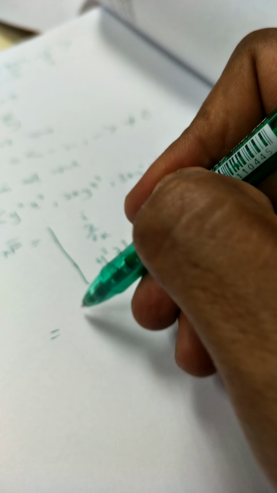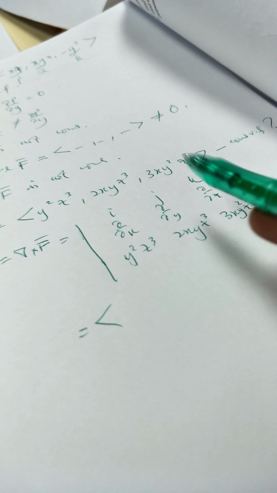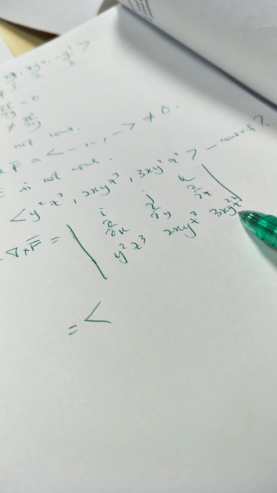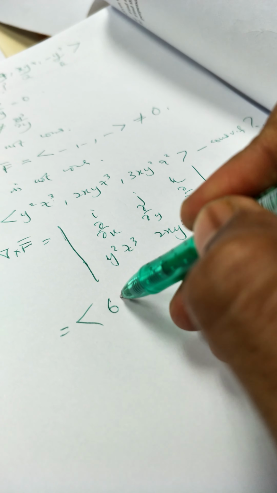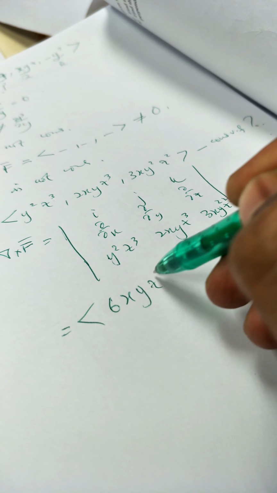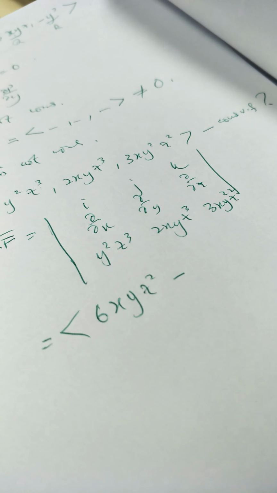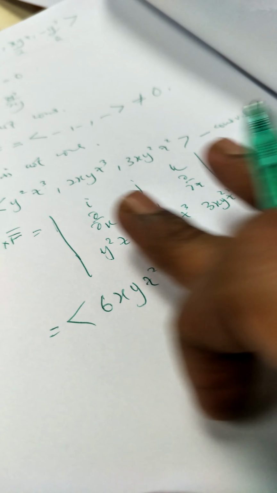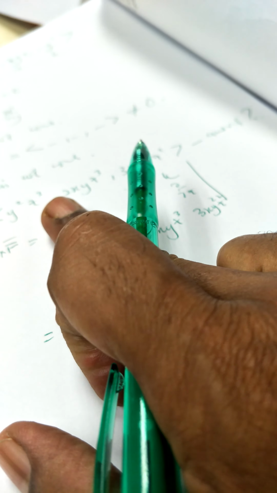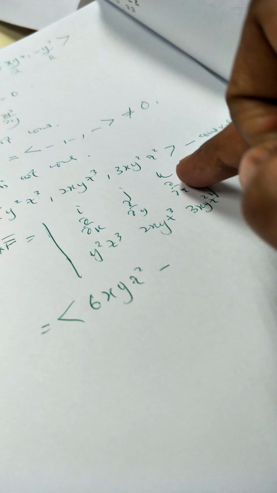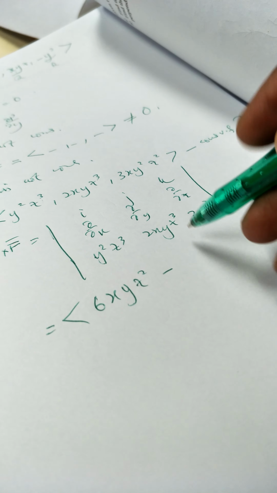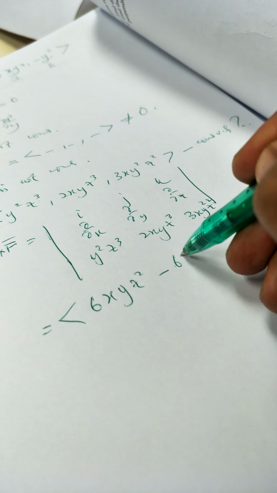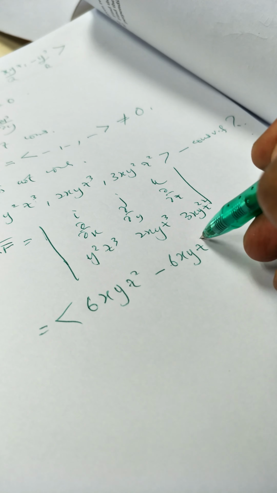So for i, del y gives 6xyz squared minus, and del z gives 6xyz squared.